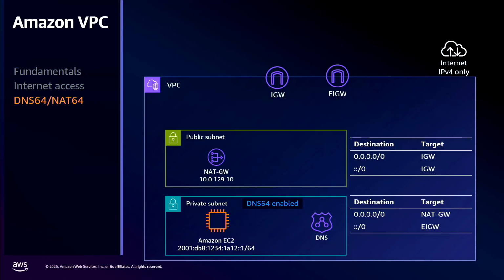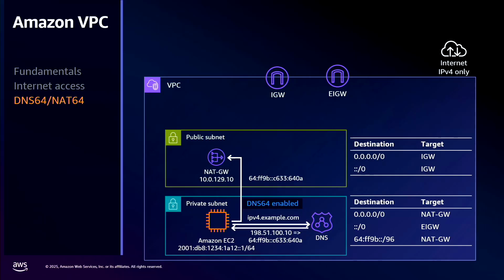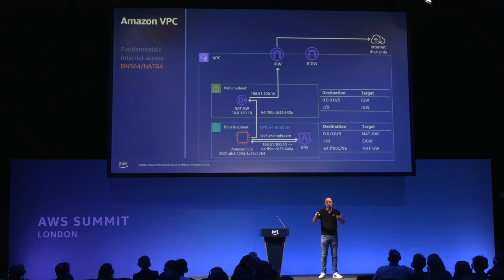So what will happen then is that when the EC2 instance sends a DNS query to the Route 53 resolver, the Route 53 resolver will not answer with the IPv4 of the target, but instead will answer with an IPv6 address constructed from this IPv4. Now the instance understands IPv6, so it will try to reach this IPv6 address. And then what we do is that we manipulate again the route table so that we force the traffic through the NAT gateway that will then NAT the traffic from IPv6 to IPv4 to finally reach the IPv4 target on the internet. So with that, we have translated between IPv4 and IPv6, and we have end-to-end communication.